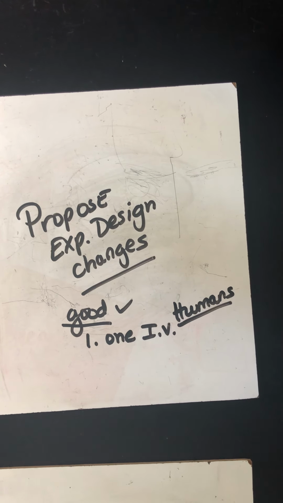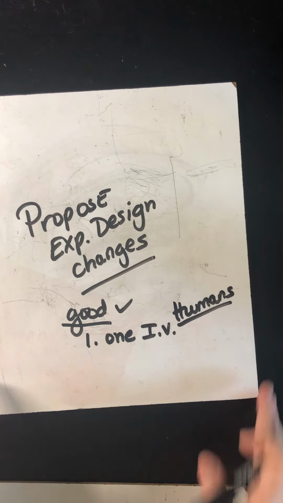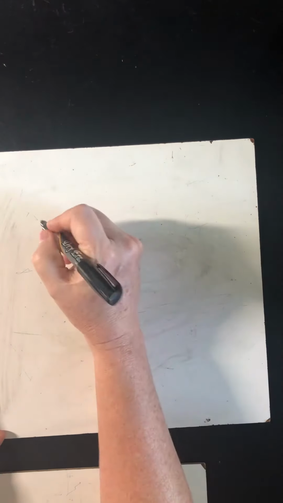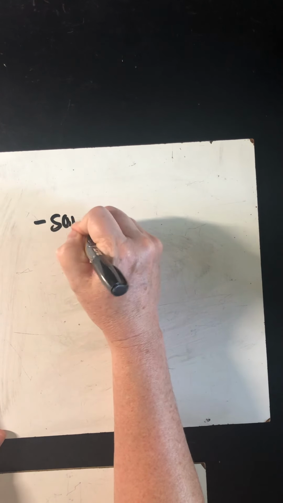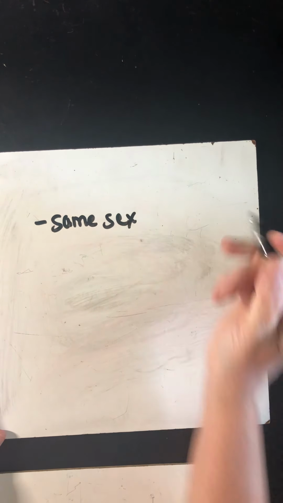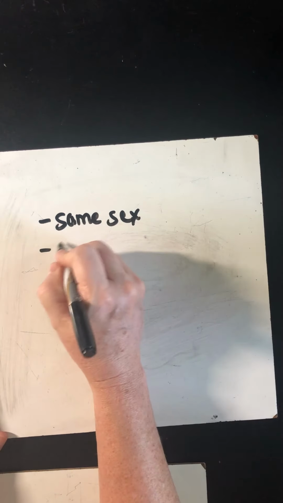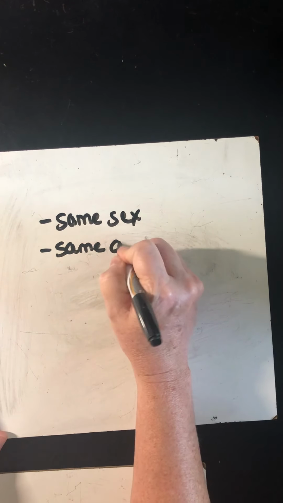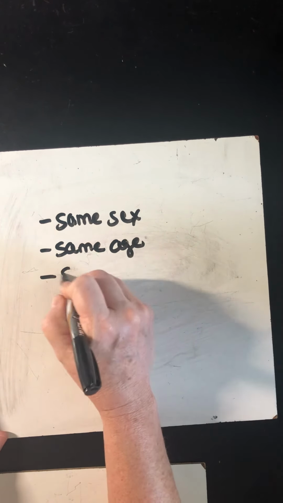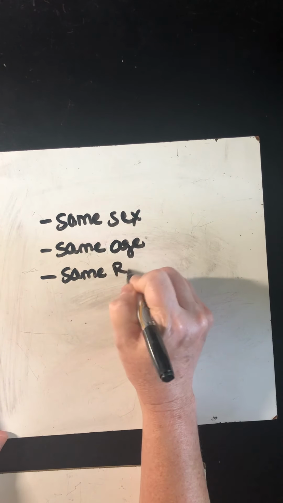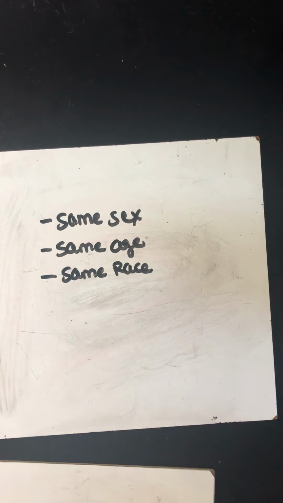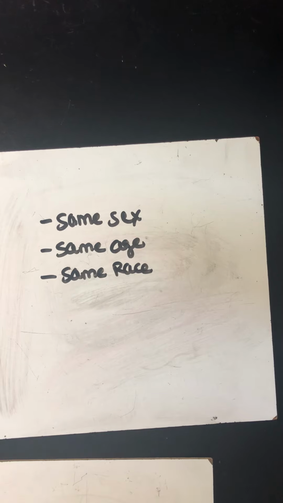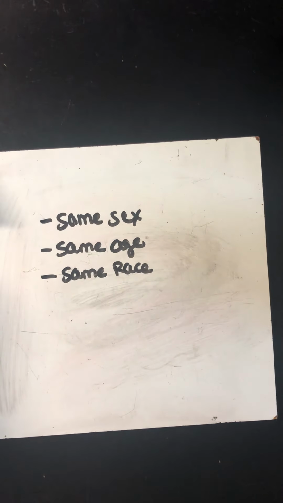So if you were doing a test on humans, one of the things we would look at is we would want the same sex. Use all males or all females. Same age. Sometimes in tests they do the same race, because different genetics can influence different medicines. Sometimes they mix it up because it doesn't have an effect.